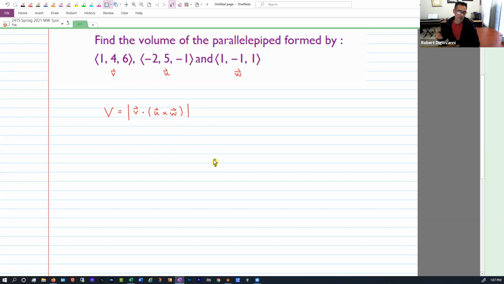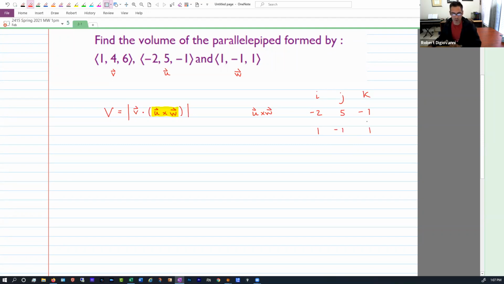If I were doing this, I would do the cross product first, on the side here. I'm going to use U cross W. So I'm going to make that little i, j, k. Then I'm going to put U: -2, 5, -1, and then W, which is 1, -1, 1.